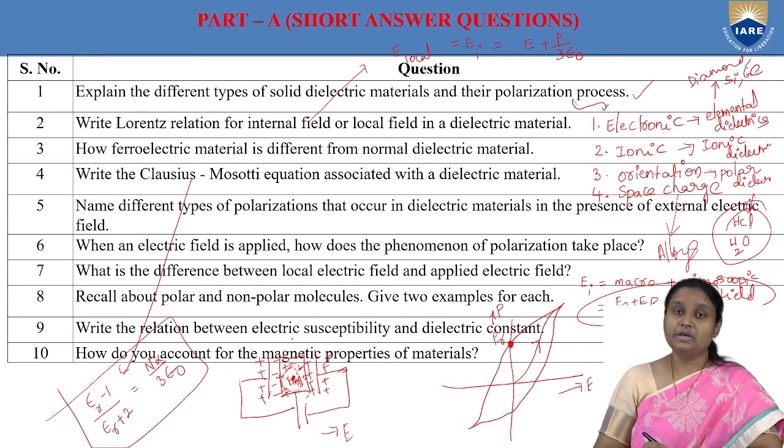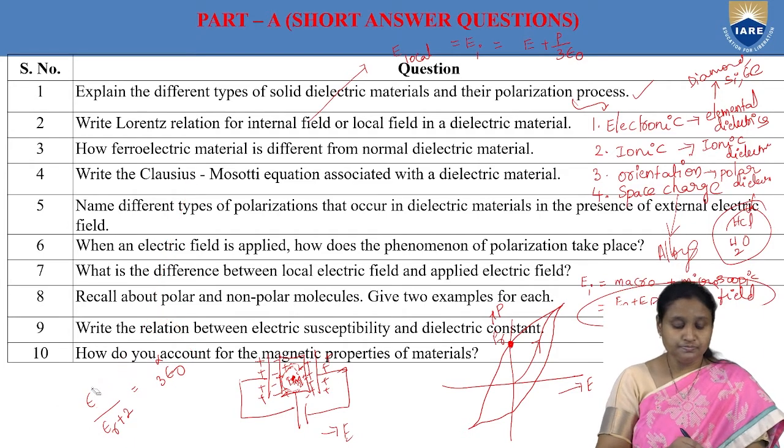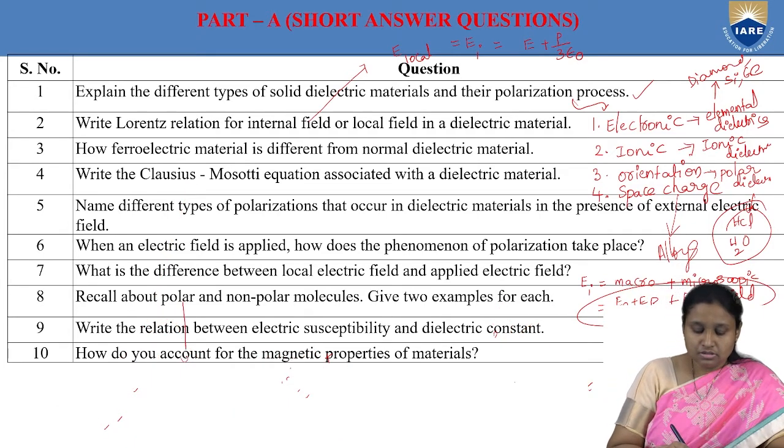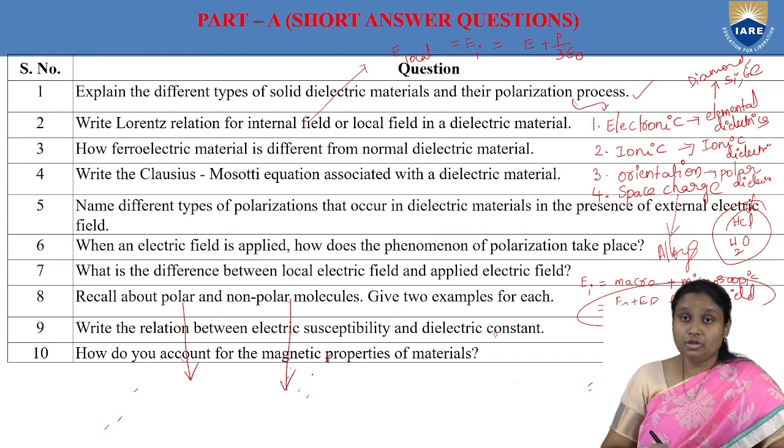So for polar and non-polar molecules, this is our polar molecule, this is a non-polar molecule. When we talk about a non-polar molecule, if I consider this molecule, the center of gravity of positive charge and the center of gravity of negative charge meet at the same point.